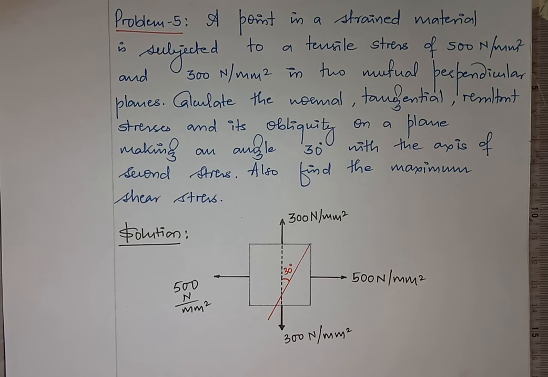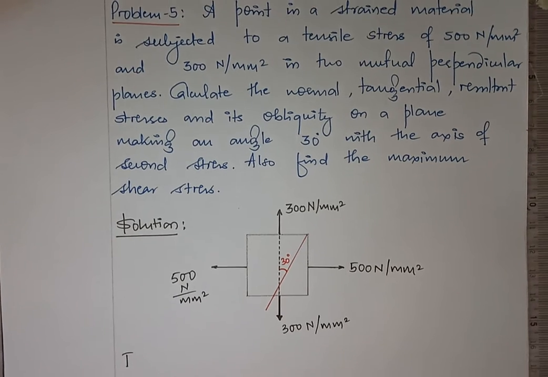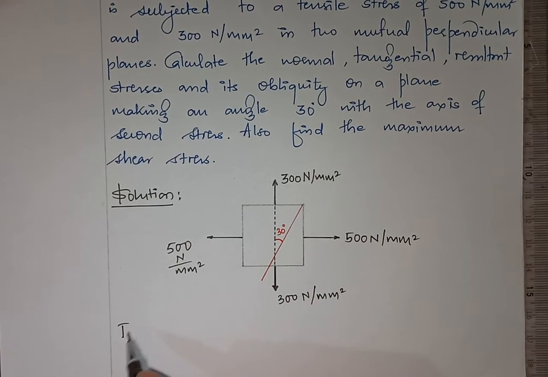Now, what all things I need to find? First let me write what all things are to be found out. I need to find out sigma n. I need to find out tangential stress which is tau.